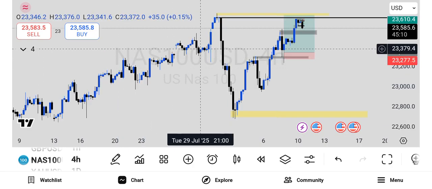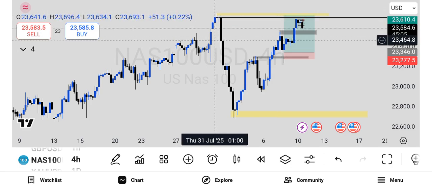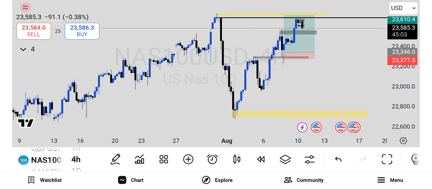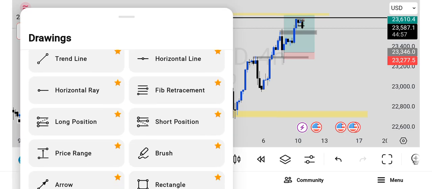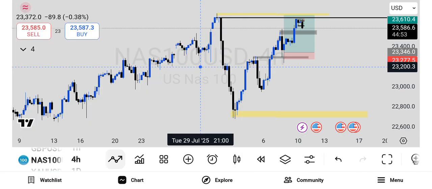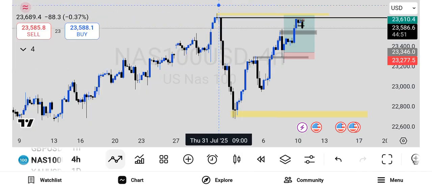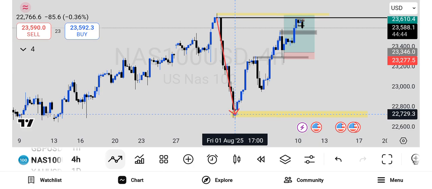So guys, as you can see with this cursor, price created this new high and it came back and created this low right here. Let me use this other instrument, the path tool. I just want to show you guys the movement of price.